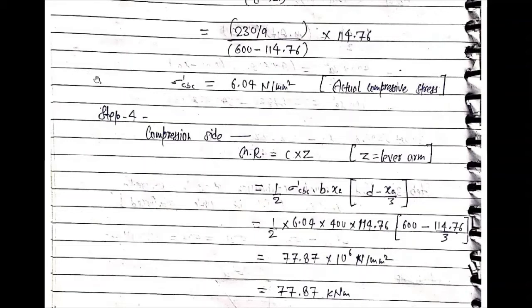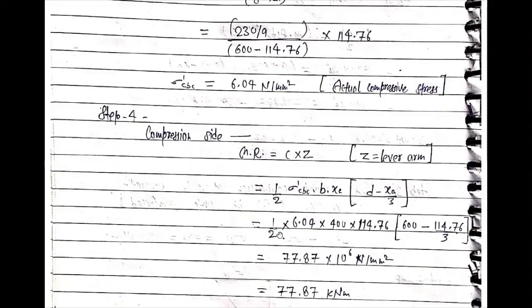So moment of resistance on compression side. This formula we have also learned, which gives C into Z, where Z is lever arm. C, as we learned from the formula in previous classes, is half sigma dash CBC multiplied by B multiplied by XA, whole multiplied by D minus XA by 3.